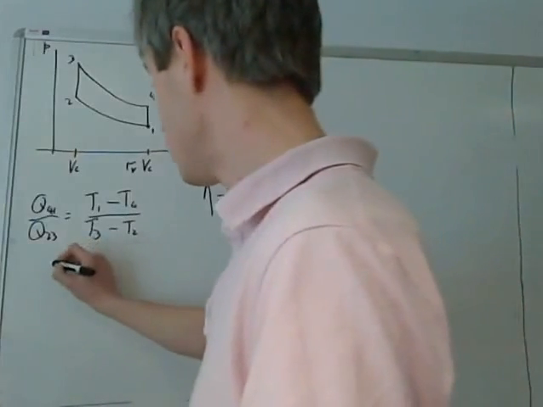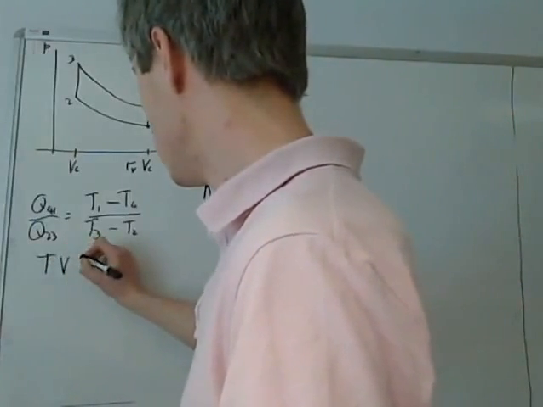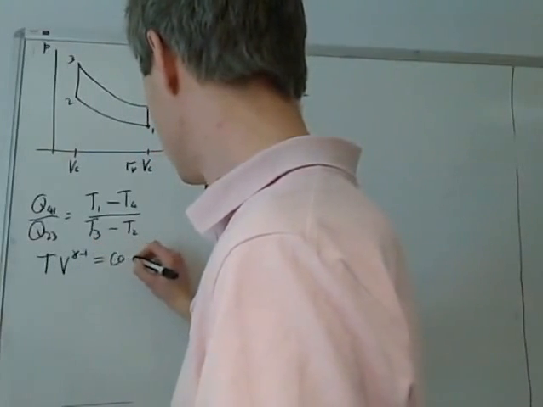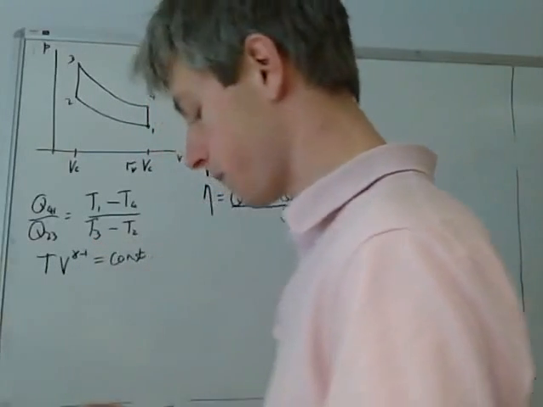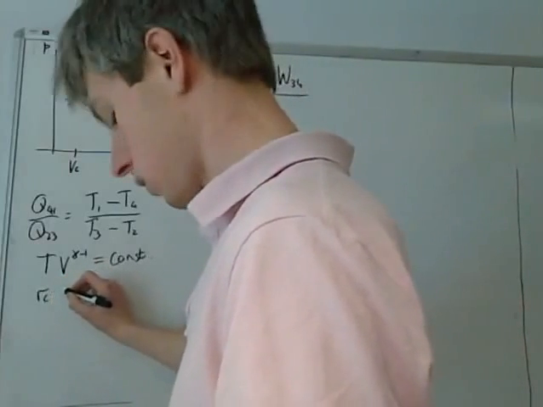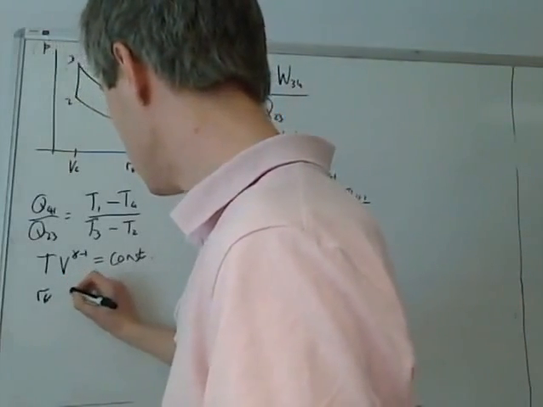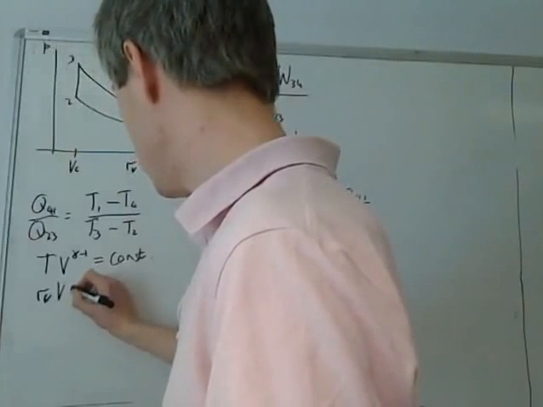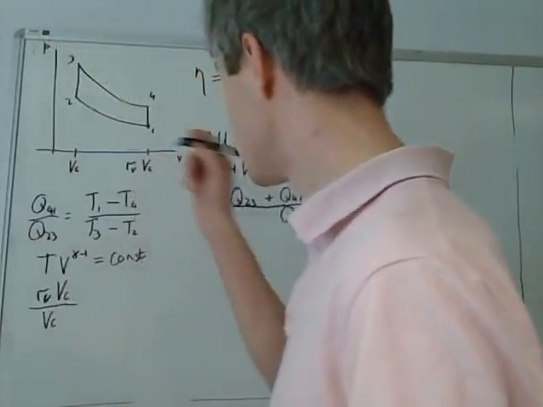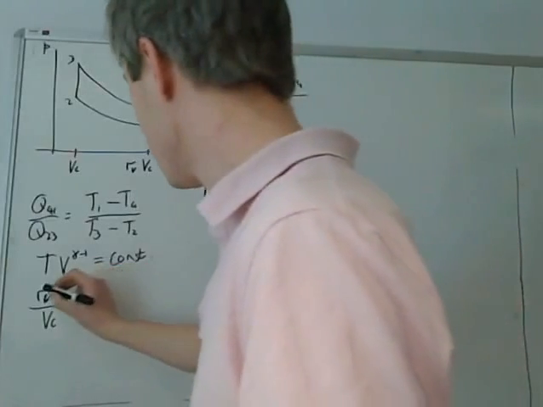And because it's an ideal gas, we can write that TV to the gamma minus 1 is a constant. Or RV, I called it, VC over VC, that's the compression ratio of the engine in volume.